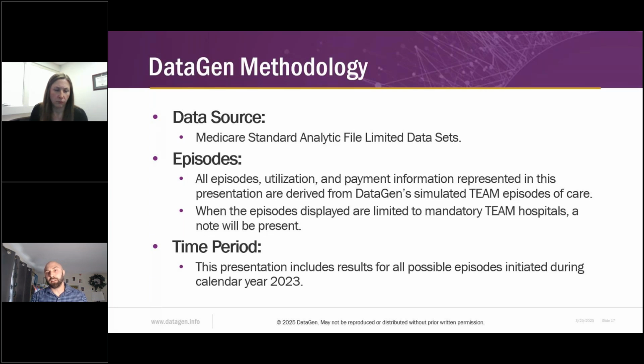The limited data set does have a 5% beneficiary statistical sample for the professional and DME claims. We do an extrapolation of these settings for episodes of cost for beneficiaries outside of the sample to make up the difference. We recreate the TEAM bundles based on the TEAM rule that came out, as well as leveraging our experience with other bundles such as CJR and BPCIA.